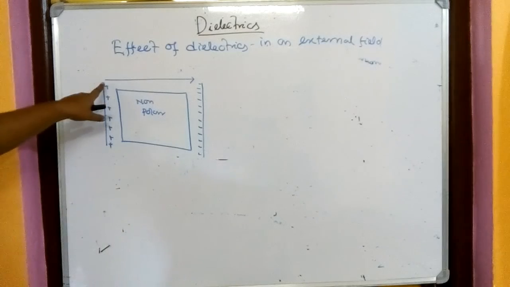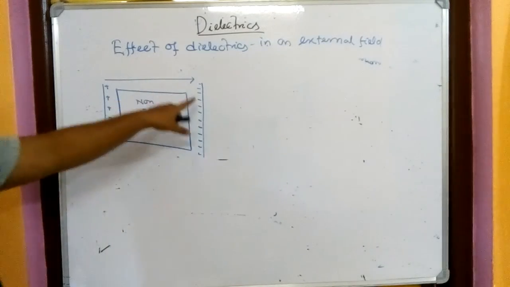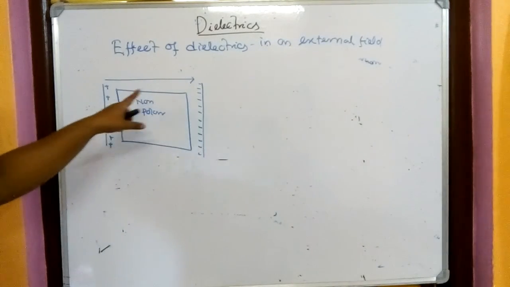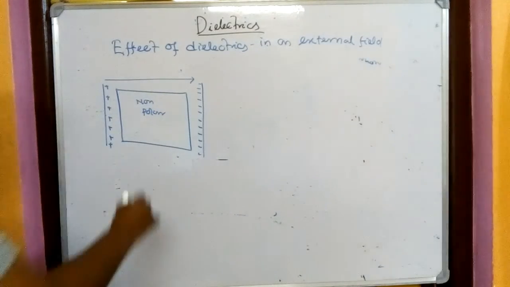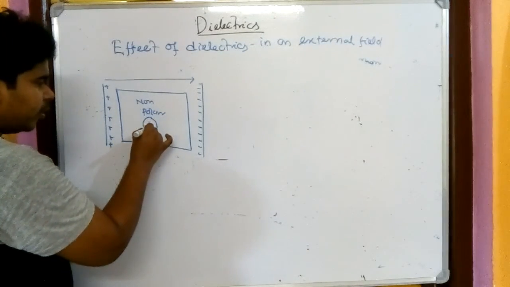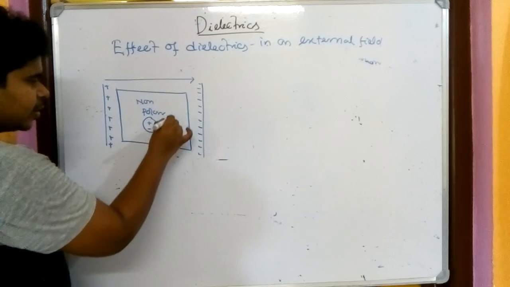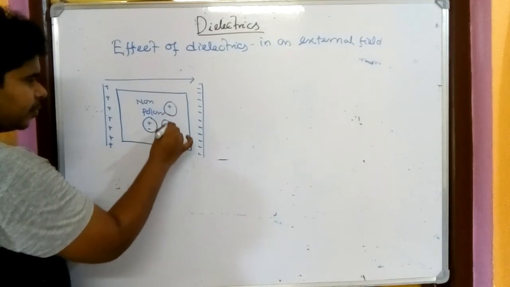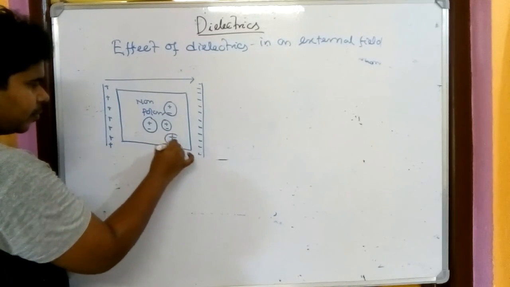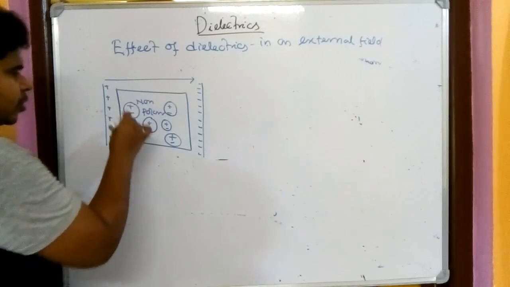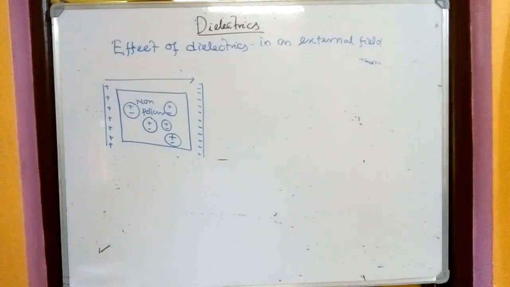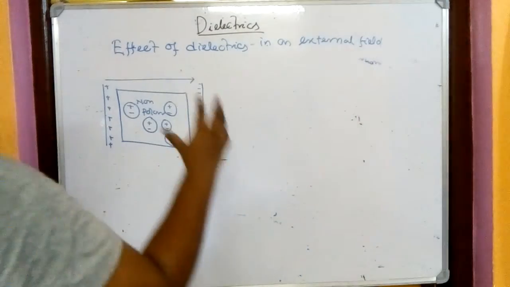Initially, assume when there is no charge on the plates, the positive and negative charges are coincident in one vertical line. You can assume that positive and negative charges are just aligned in a vertical line, so net pole is 0.